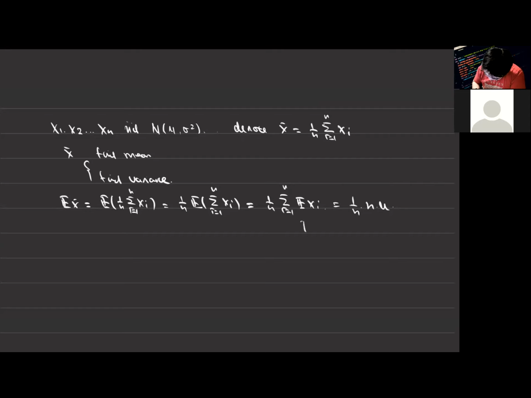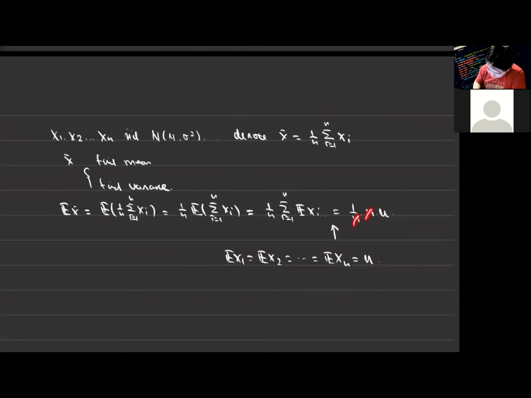The trick here that we use is expectation of x1 equals expectation of x2 equals expectation of xn equals mu. Since there are n terms, 1, 2, 3, all the way to n, then you have n mu. The lucky thing here is n and n cancel out, so you end up with just mu.